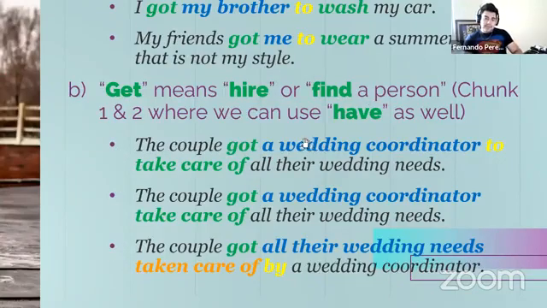The first two examples have a person next to it, and the final example doesn't have a person, it has the task. So when we are speaking about the task, you use the past participle. And when you have a person, you need the simple form, not the past participle.